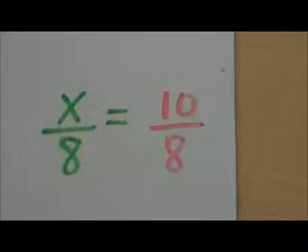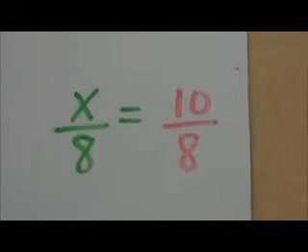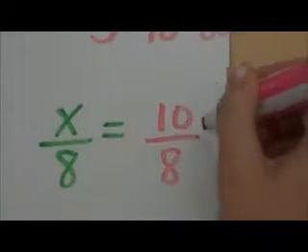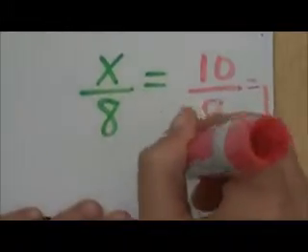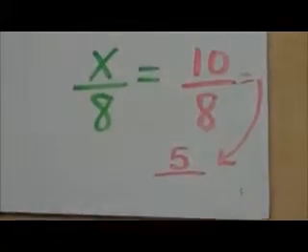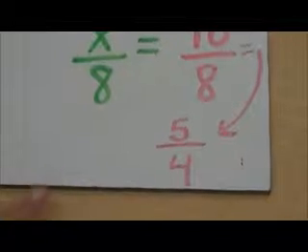But I see that I can do some reducing first. I can divide 10 and 8 by 2. I'm going to bring this answer down here. If I divide 10 by 2, I get 5, and if I divide 8 by 2, I get 4, for a reduced improper fraction of 5/4.